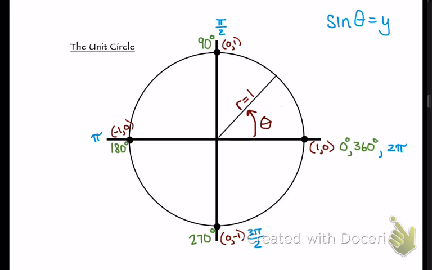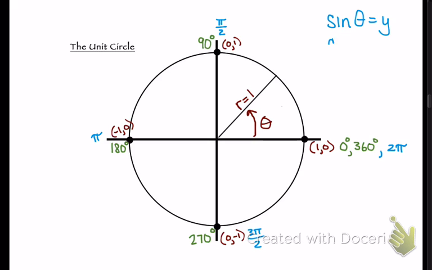If I think about the unit circle, I understand that to find the sine based on a circle, I take y over r. If I know the radius is 1, then the r value is 1, and therefore in the unit circle, the sine will always be the y value.